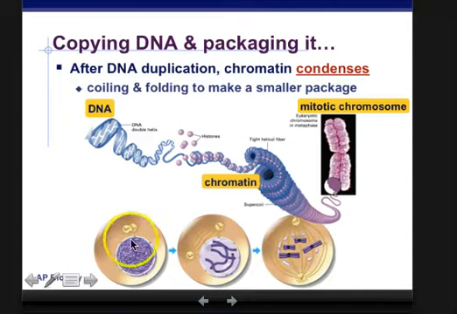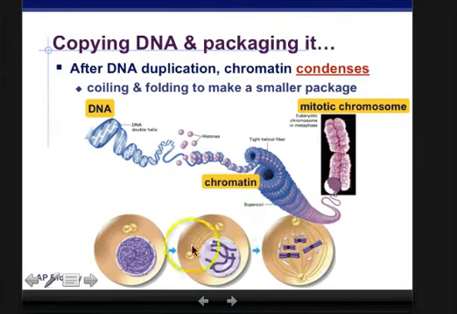So this is showing you moving from interphase, where we have the chromatin, into prophase, where it's more condensed, and this, I'm sure you're used to seeing, is the prometaphase, where we're seeing the duplicated chromosomes, and these are the mitotic chromosomes.